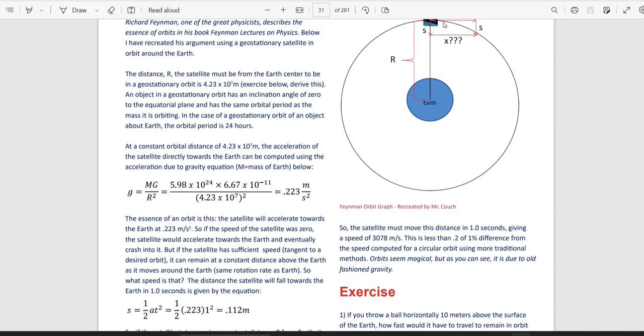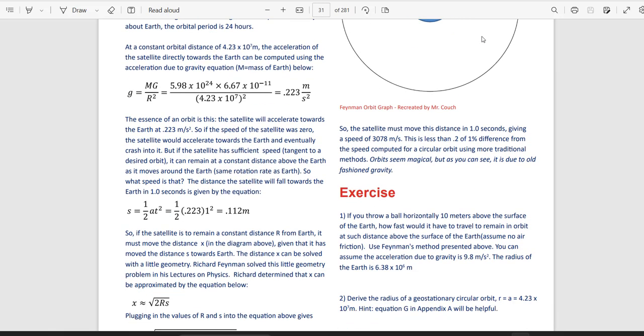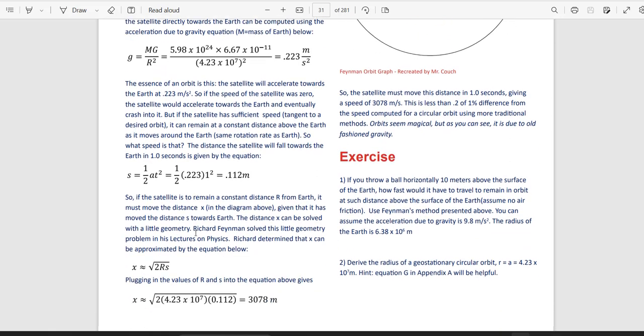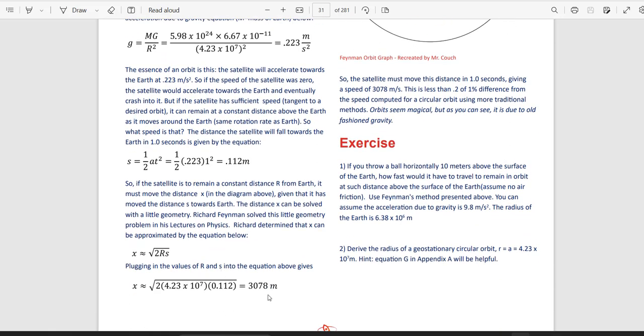So if you want this thing to stay in a circular orbit, it's got to travel this distance, x, in the same amount of time that it traveled from here to here to stay at this location, again, in a constant circular orbit. So Richard Feynman came up with this wonderful equation: this x here is equal to 2 times this r, the distance from Earth to the satellite, times s, square root. When you compute that, you get 3078 meters.